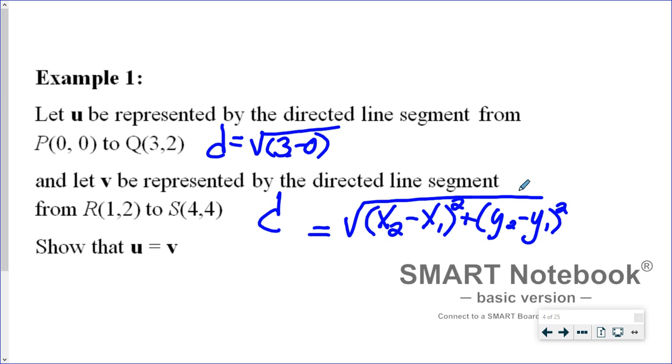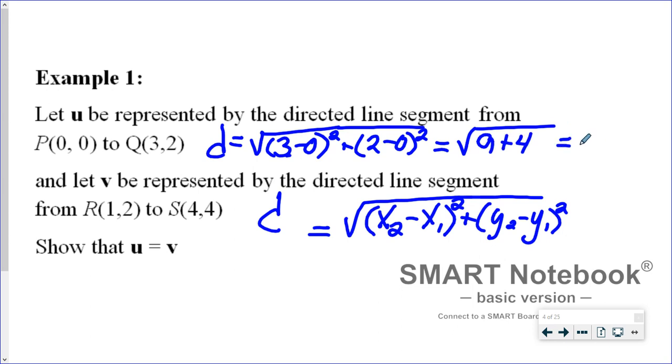This is essentially just found from the Pythagorean theorem. Of course, this is all under the square root. So this then just equals the square root of 9 plus 4, which of course is the square root of 13.